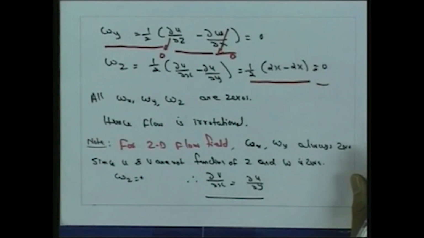If the flow is rotational, there will be some values for omega x, omega y and omega z. Like this we can differentiate whether the given flow is rotational or irrotational, depending upon the problem. So this is about rotational flow and irrotational flow.